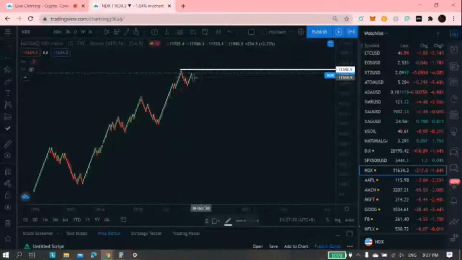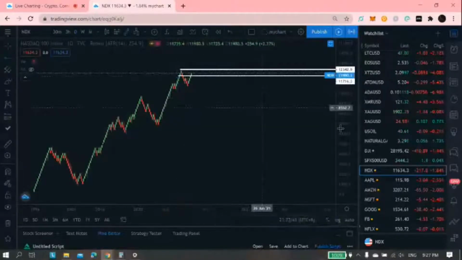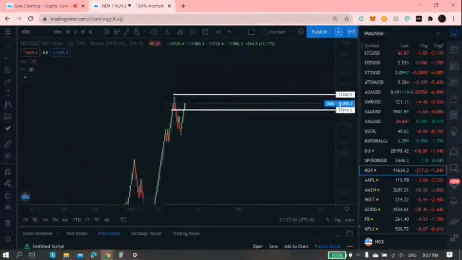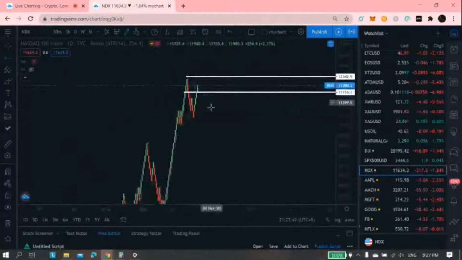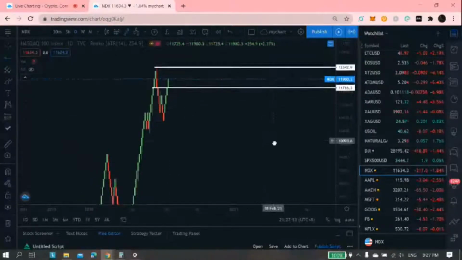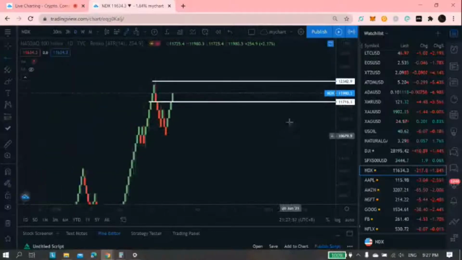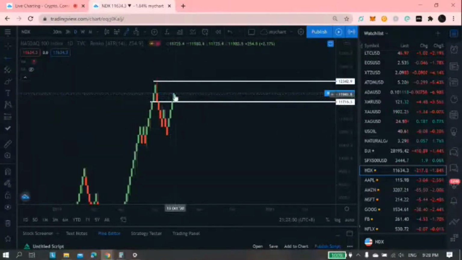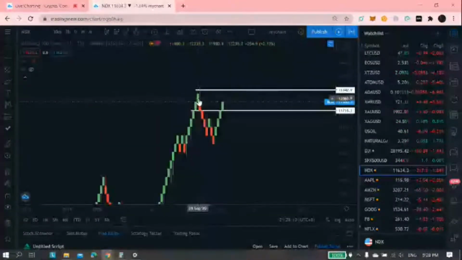And the support I'm looking at is I will use the two Renko bars as support and be confident that it will create a new all-time high or retest this area. Since it's still a bullish Renko chart, it can still possibly retest this and create a high again at 12,235.